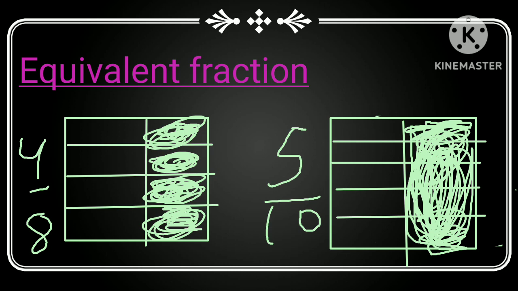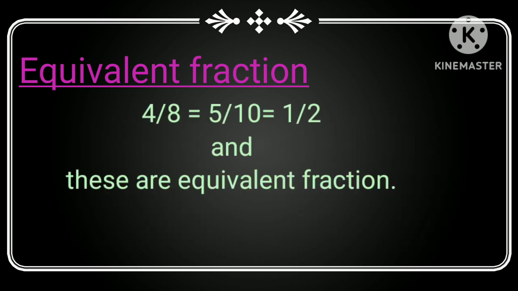Also here, as can be seen, 4 by 8 and 5 by 10 both represent the half area of the total area of the square. So both are equal to 1 by 2. So 4 by 8, 5 by 10 and 1 by 2, all three are equivalent fractions.